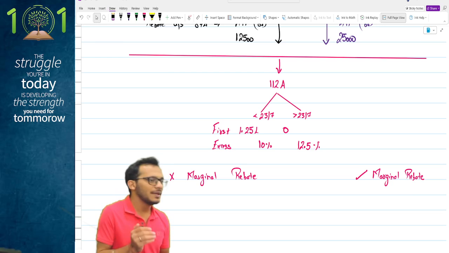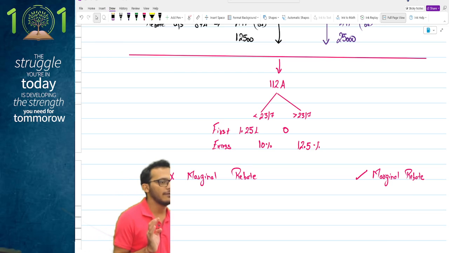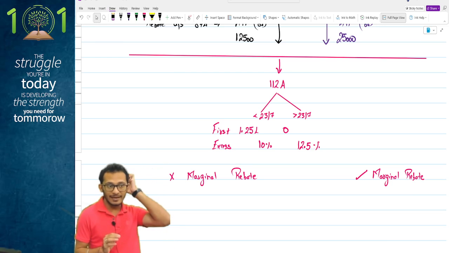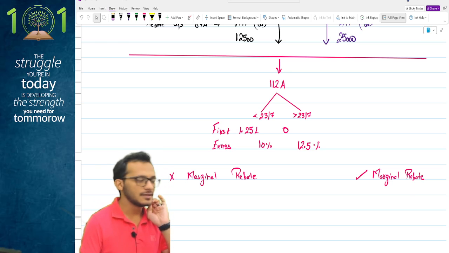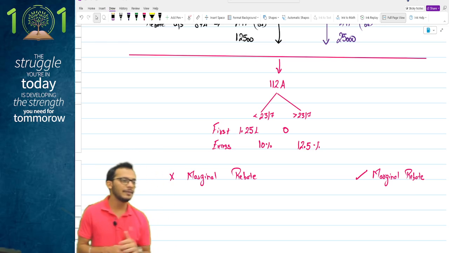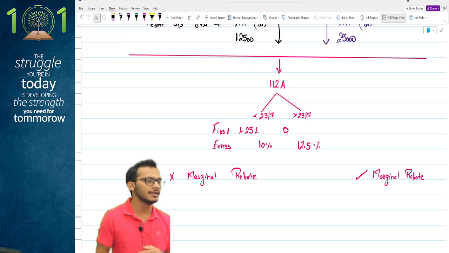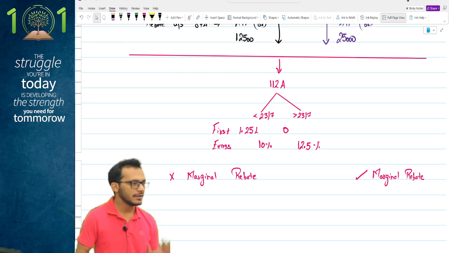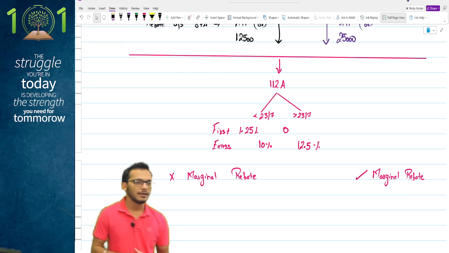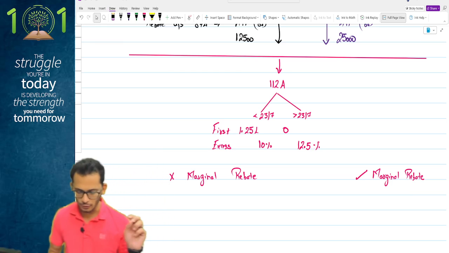I will waive off all the other taxes. The taxes which I'm waiving off for you are called marginal rebate. Please bear in mind that this marginal rebate is not there for the alternate tax regime. Are you clear? Yes.